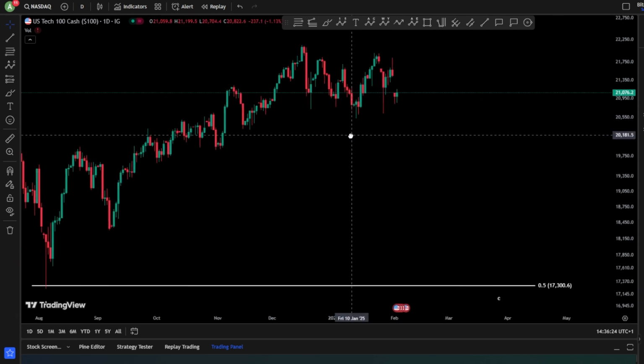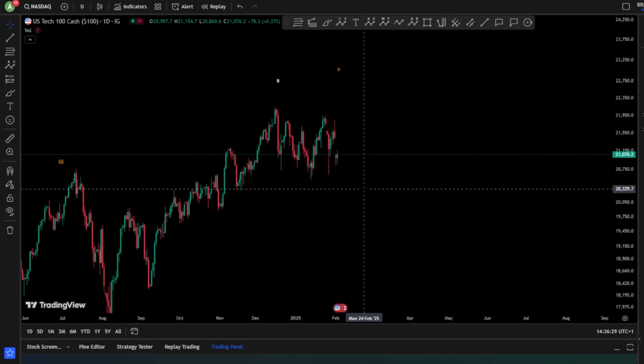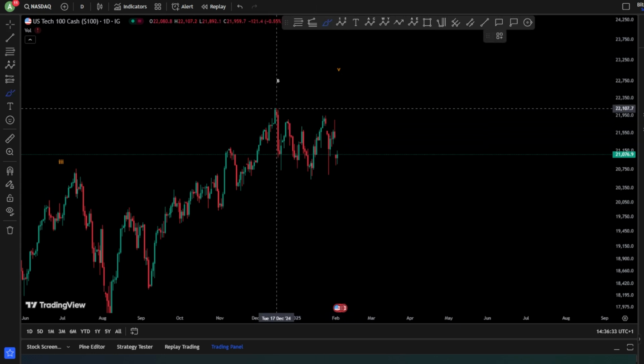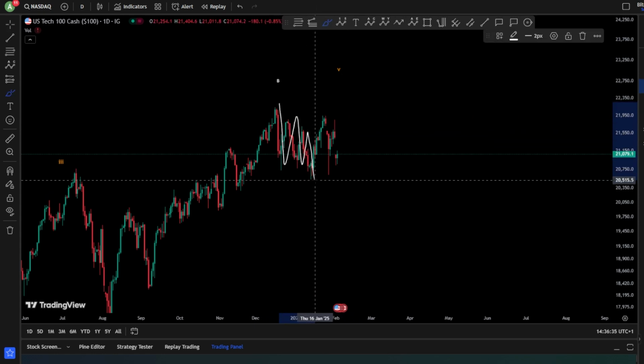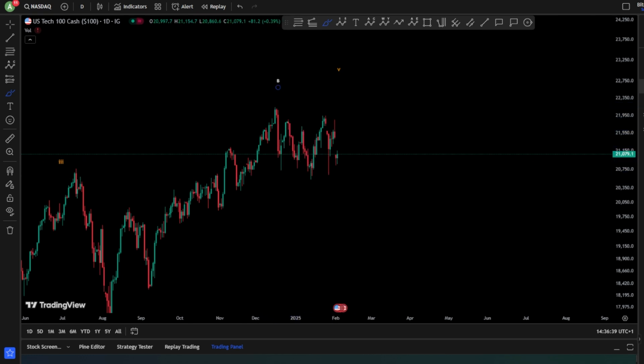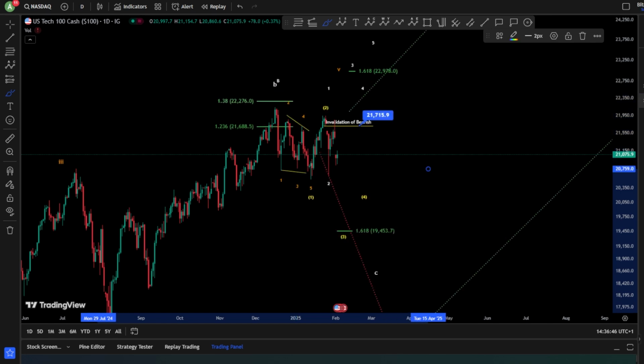As you can see, there is a huge gap from the weekend open, and I think this might close today, probably. In case we are impulsive, there is something here very interesting where we are looking at a leading diagonal, probably. So let's take a look at it on the daily here.